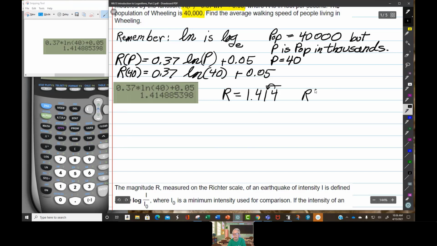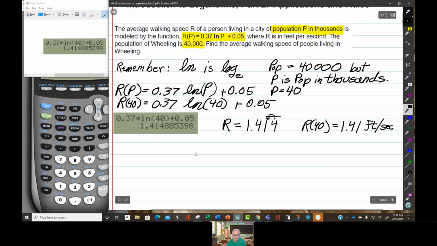So the walking speed, when you have 40,000 people in your town or city, is 1.41 feet per second. And the feet per second is already in there. Okay, just pop up with a question if you have one.